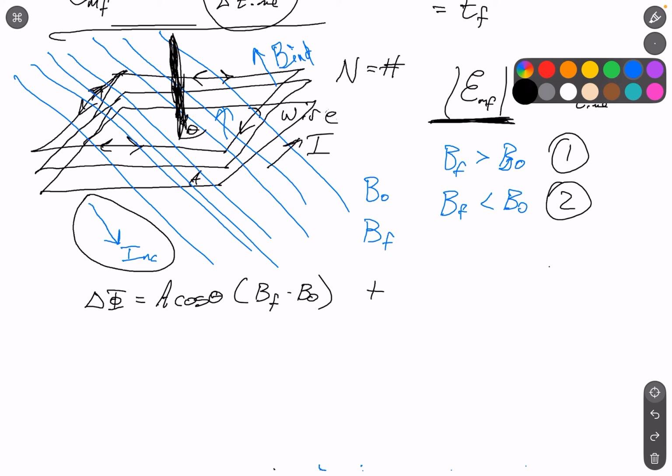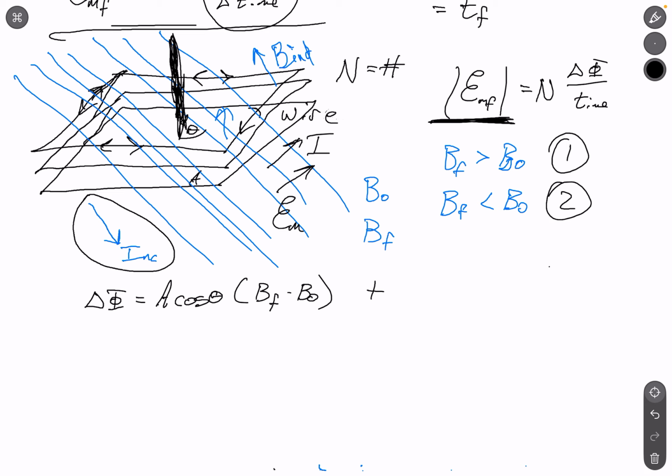I want a black EMF here. Okay, that's EMF for the plus. Well, it's simple. If that's the EMF for the plus, then if the cosine is negative, if the B naught is bigger than the B final, this is case number 2.